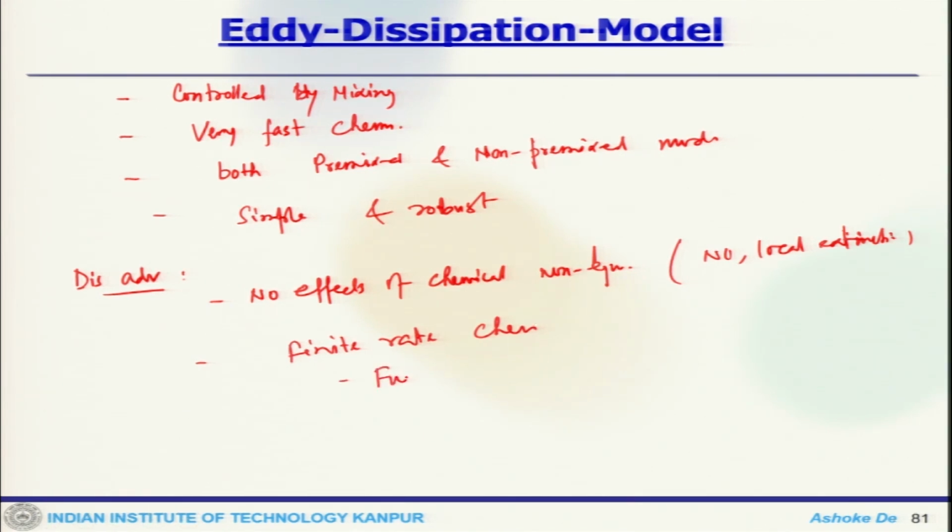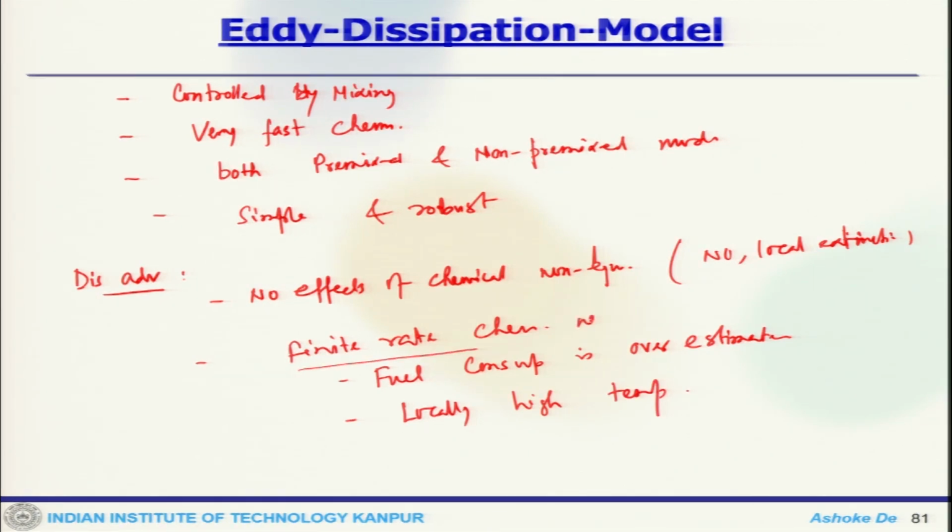So, the fuel consumption is overestimated, that is number one. Then we can have locally high temperature also. So, because the finite rate chemistry is neglected, you can have fuel consumption which is overestimated and locally high temperature. These are some of the issues with the eddy dissipation model. We will look at the other models and how to overcome this particular issue. So, we will stop here today and continue the discussion in the next lecture.